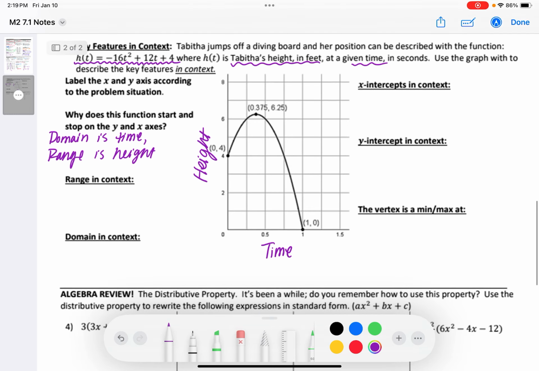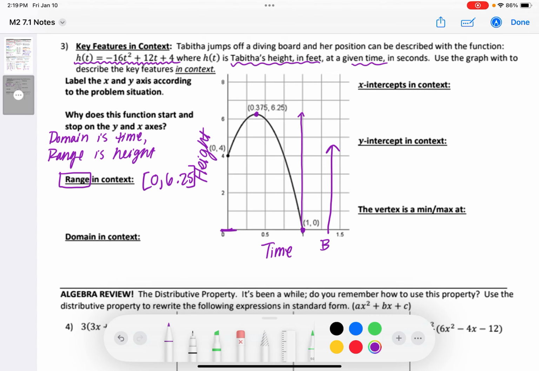So my range, looking from the bottom to the top. Where does it start? My graph starts right here at 0, so I'm putting a bracket because it definitely starts right here. It ends right up here, which is 6.25.